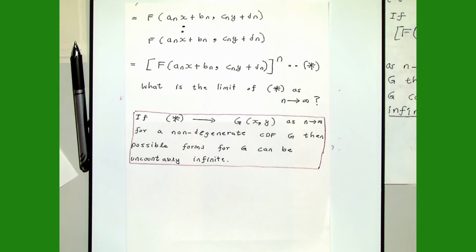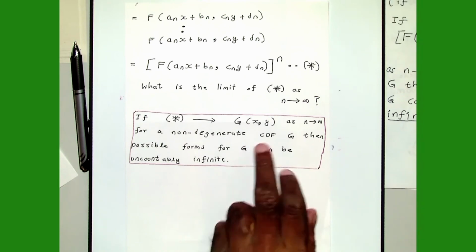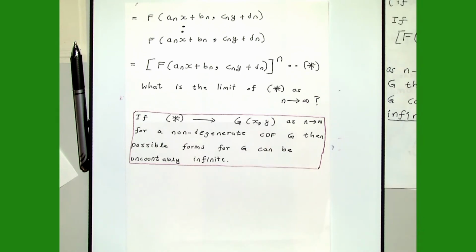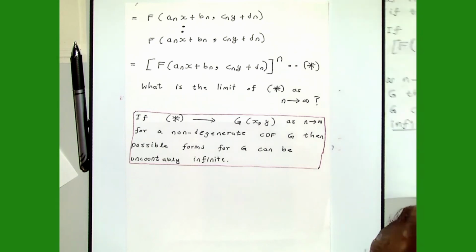But that result is no longer the case in the bivariate or the multivariate cases. But fortunately, in the next video, I will explain a procedure to find G if it exists. It may not exist. If the limit exists, I will describe a procedure to find the formula for G. So that will be in the next video, guys.